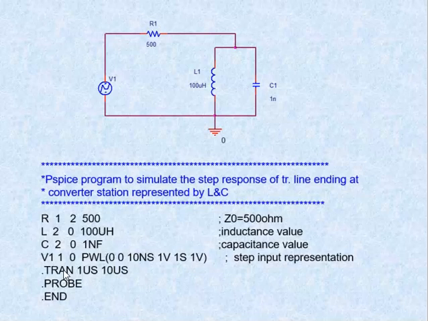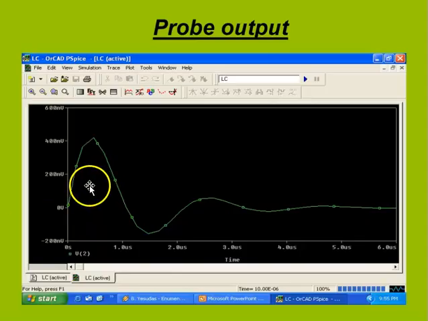We will perform the transient analysis from 1 microsecond to 10 microseconds, and the result should be output using the .probe command. And this is the output window of this command.